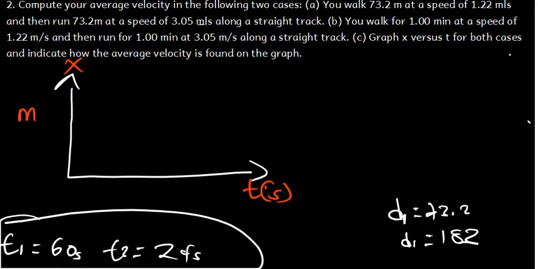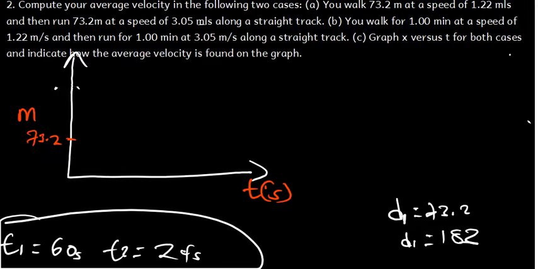Now we have the first displacement, which we were told is 73.2. So I'm going to put this part here to be 73.2. Now the next is also 73.2. Let me just extend it a bit, so it will be somewhere there.